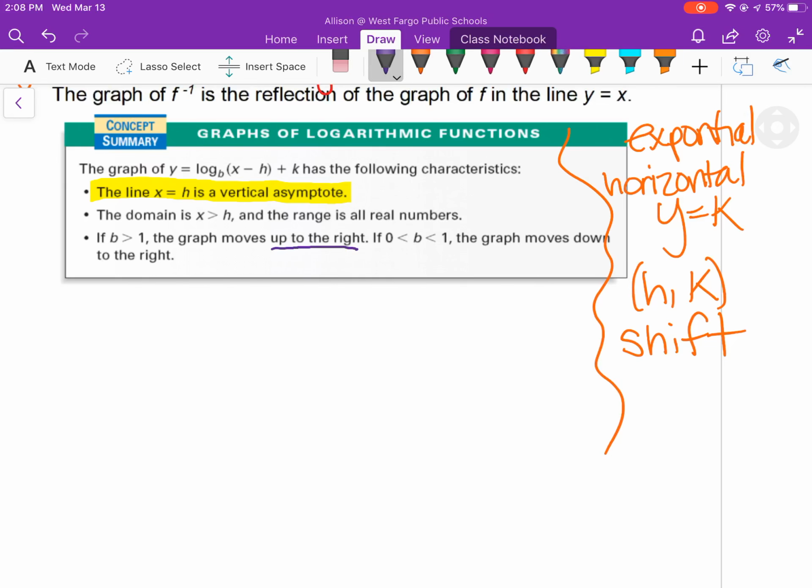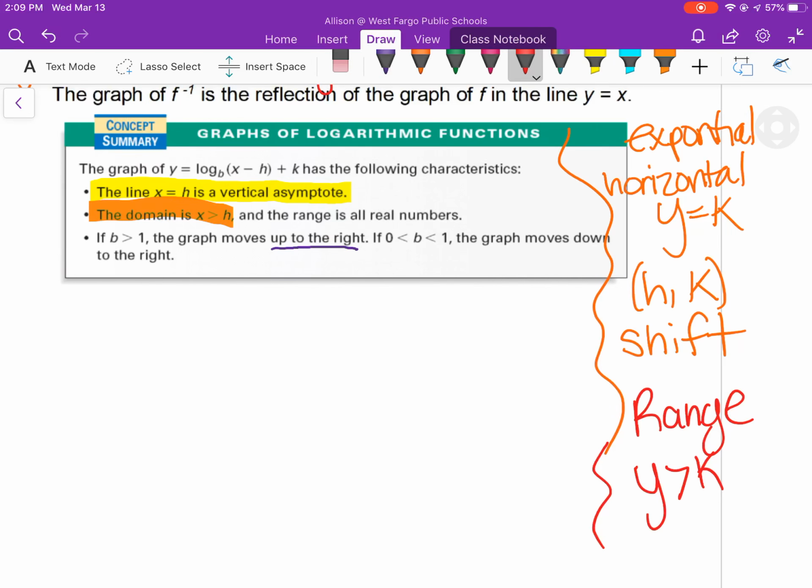If it's between 0 and 1, it moves down to the right. And then the domain corresponds to x greater than h, so that's similar, but over here the range was always corresponding to the k value, like y greater than k. So it's similar, except that the domain and range, input and output, are switched, so it makes a difference.